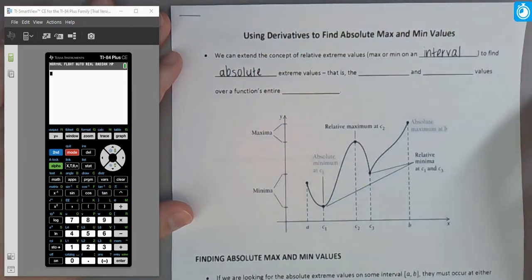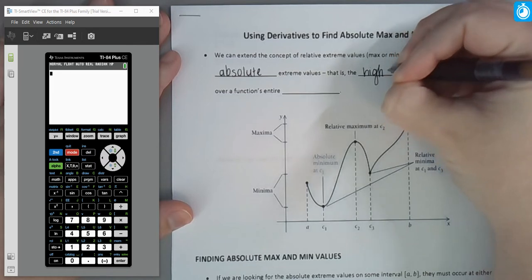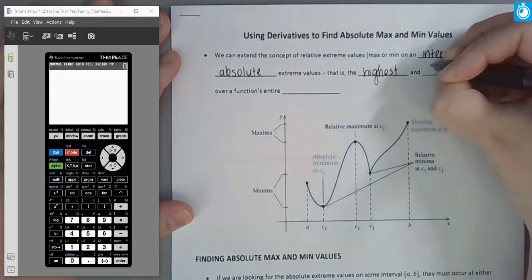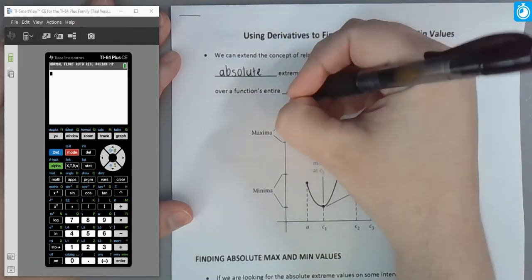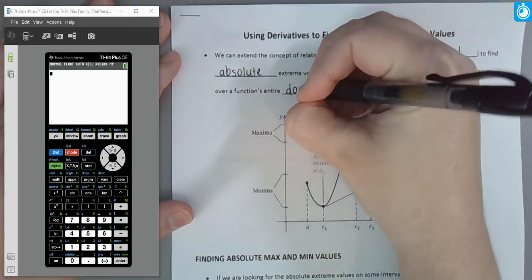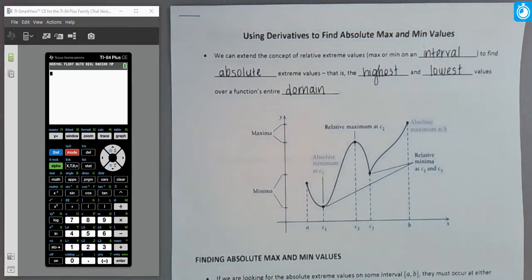That is, the absolute highest and lowest values over a function's entire domain. Or, alternatively, the absolute highest and lowest points over an interval. Not necessarily the peak or the valley, but truly the highest point in a section of a graph.